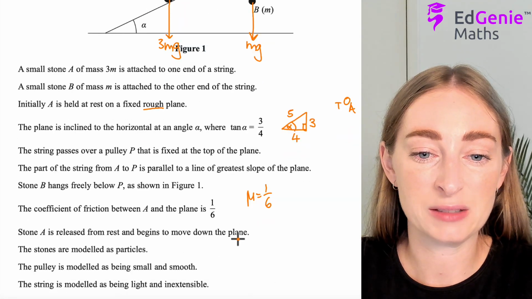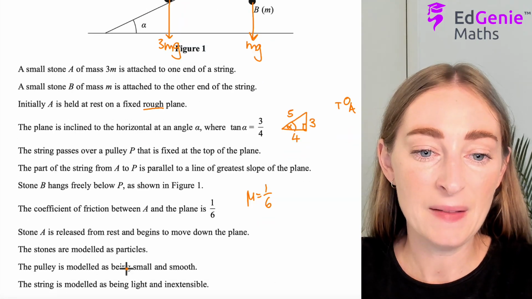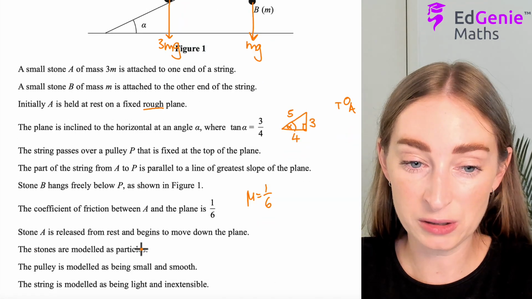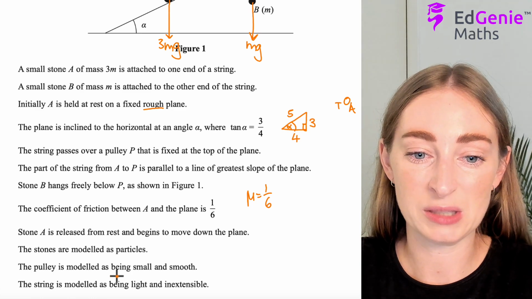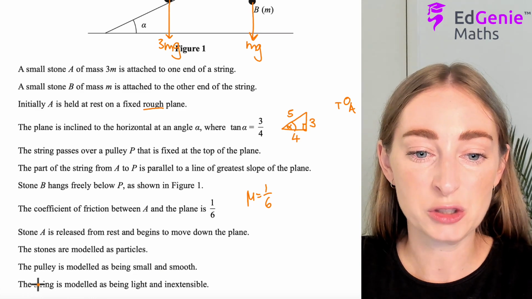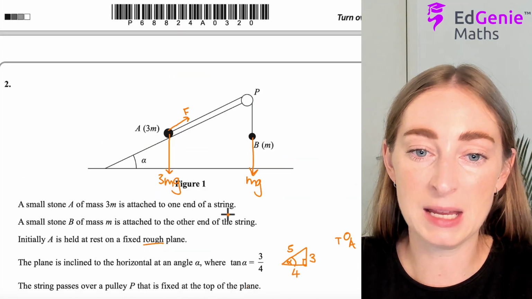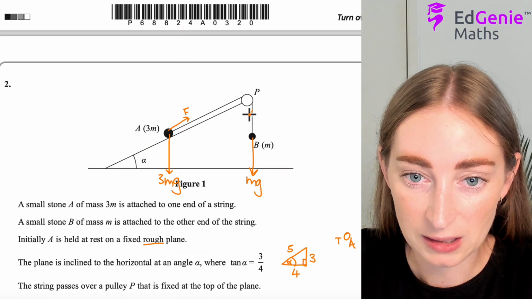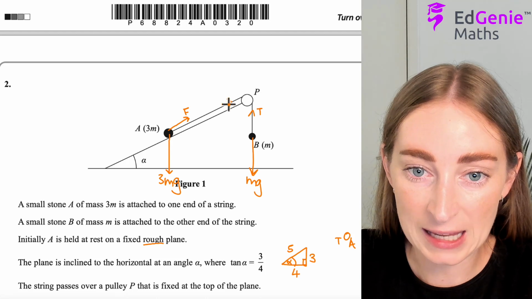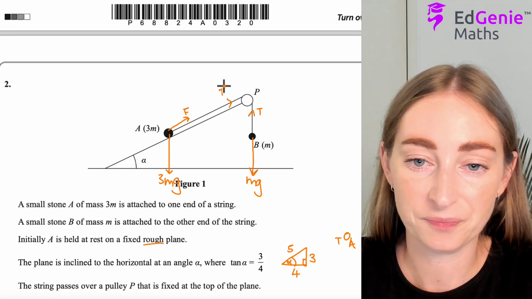Stone A is released from rest and moves down the plane. The stones are modelled as particles. The pulley is modelled as being small and smooth. The string is modelled as being light and inextensible. So that means we have tension. Tension here, and it's going to equal this tension here.